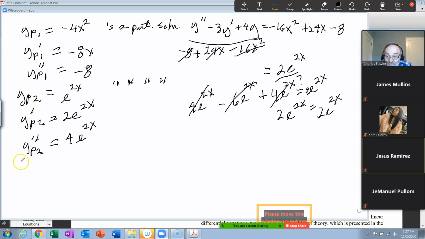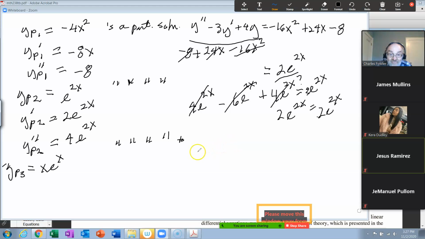verify that y sub p sub 3 equal x e to the x is a particular solution of, or whatever.